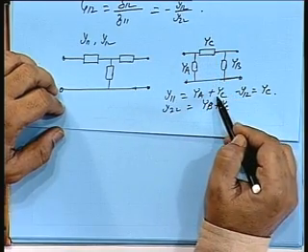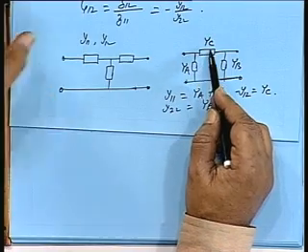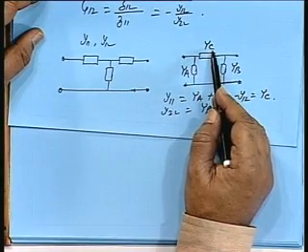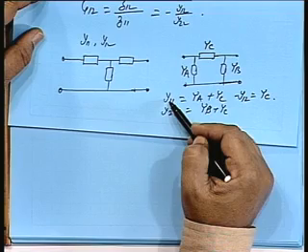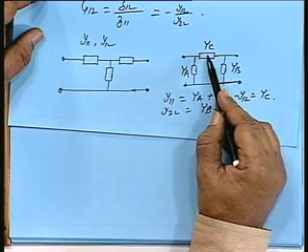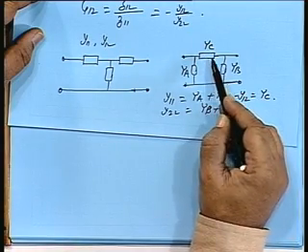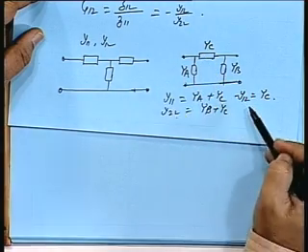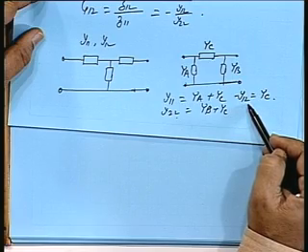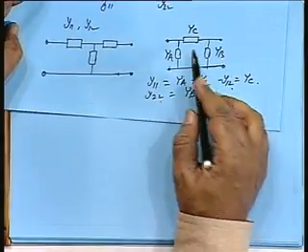What are the poles of Y11? The poles associated with YA and with YC will be the poles of Y11. Similarly, poles of Y22 will be the poles of YB and YC. So, YC is the common element for the poles of Y11 and Y22, and also minus Y12. So, the common poles in these three will be the poles of YC.